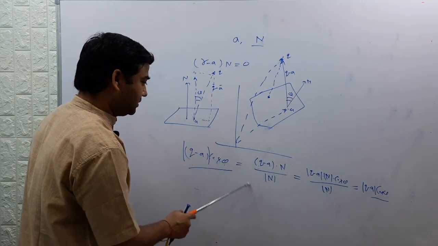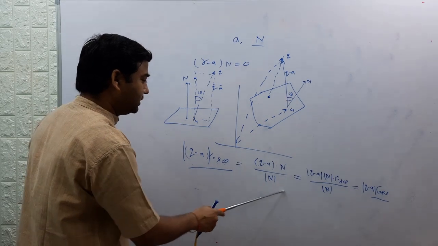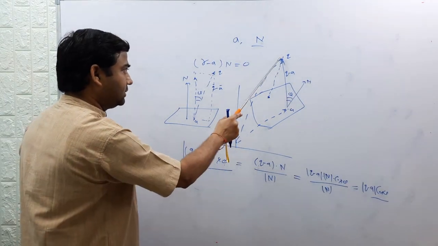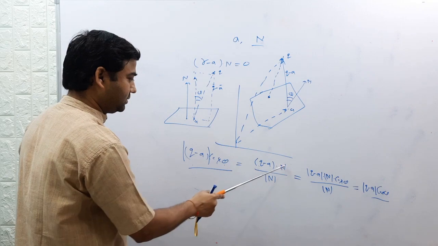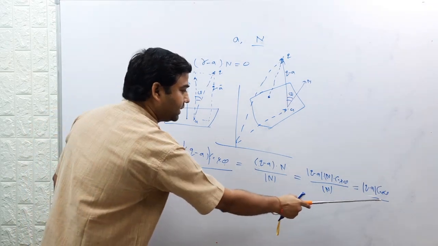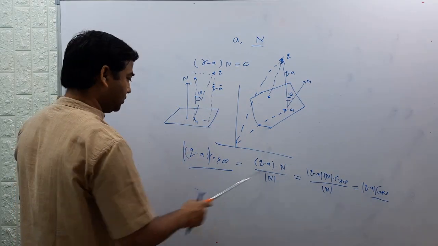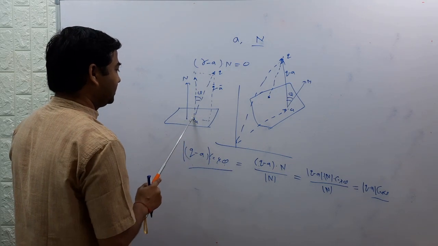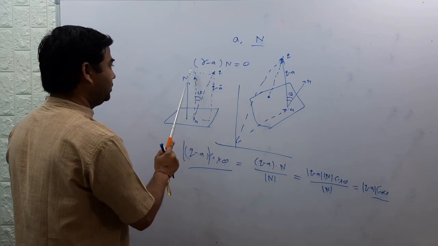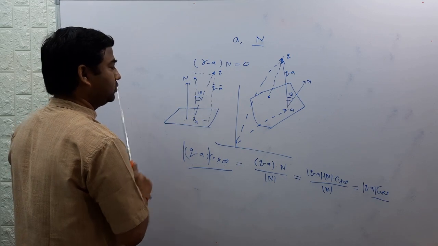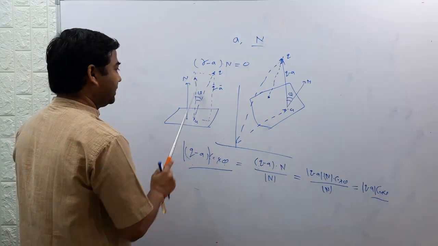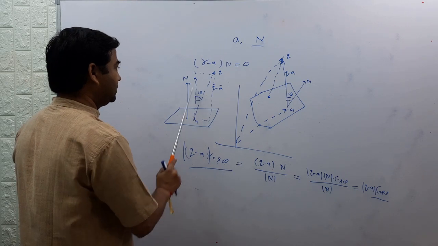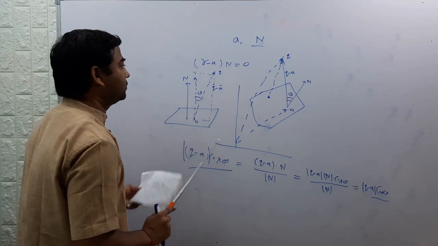So this expression is the perpendicular distance between this point and the plane. Q minus A cos theta is nothing but the projection of vector Q minus A on vector N, which is perpendicular to this plane. So this is the perpendicular distance from the point.